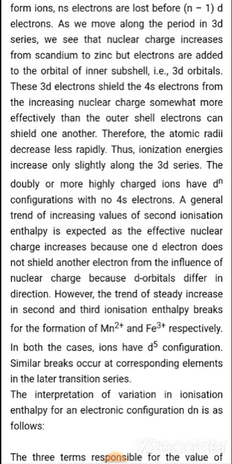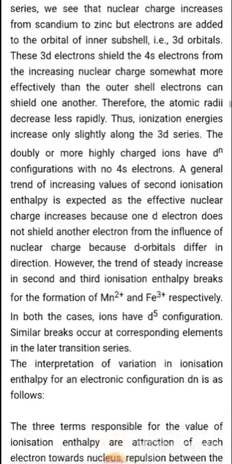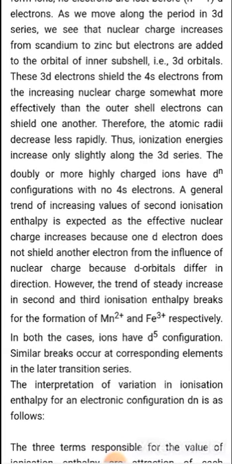Here the shielding effect is not that effective, it becomes poor, because all the d orbitals have different directions, so electrons are also in different directions. That is why one d electron does not shield another d electron effectively, because all the d orbitals lie in different directions. The shielding is very poor.